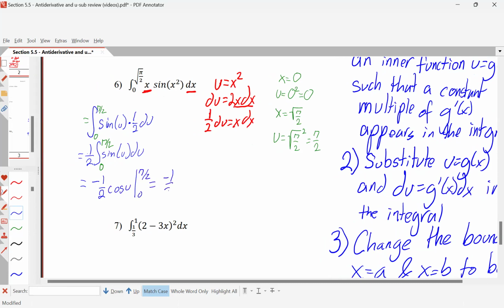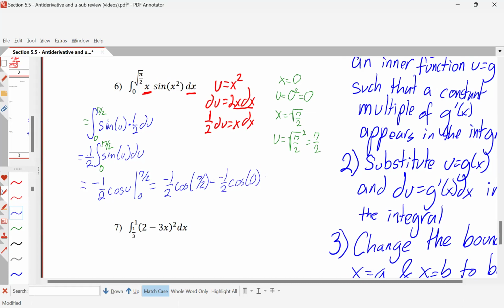Plugging in the bounds, we get negative 1/2 cosine of pi over 2 minus negative 1/2 cosine of 0. Cosine of pi over 2 is 0, and cosine of 0 is 1. So this works out to be a positive 1/2.